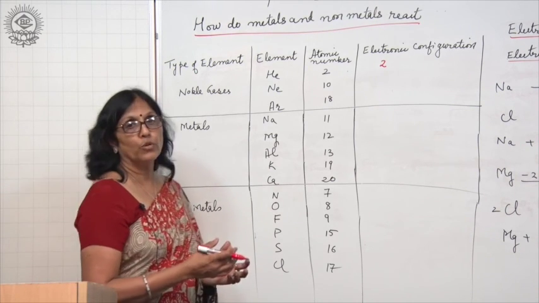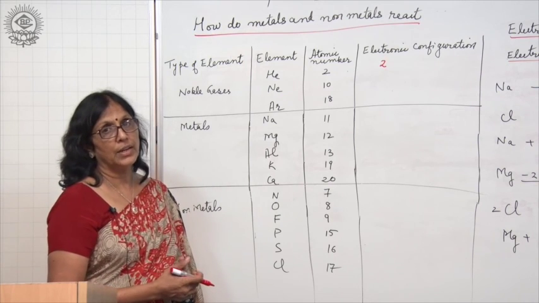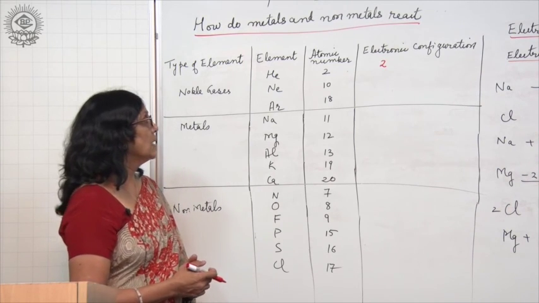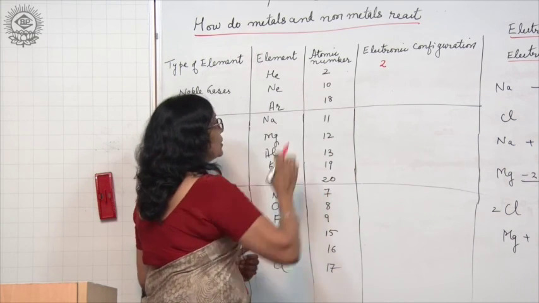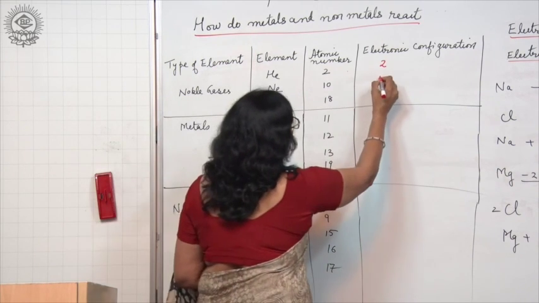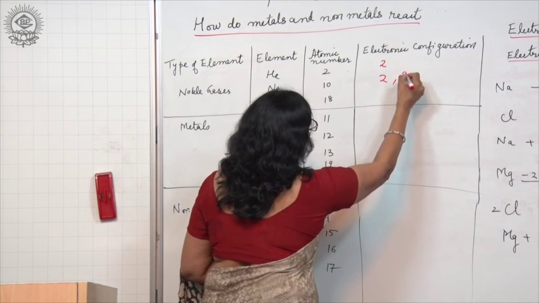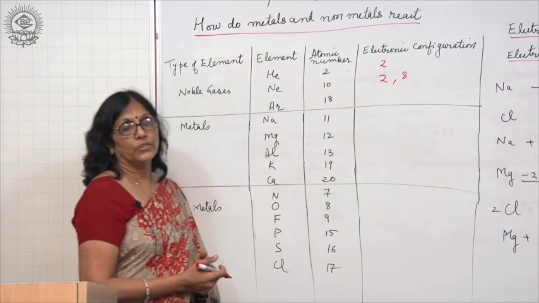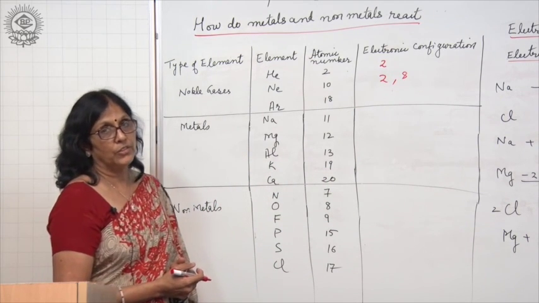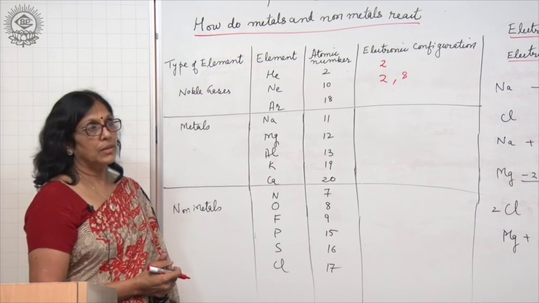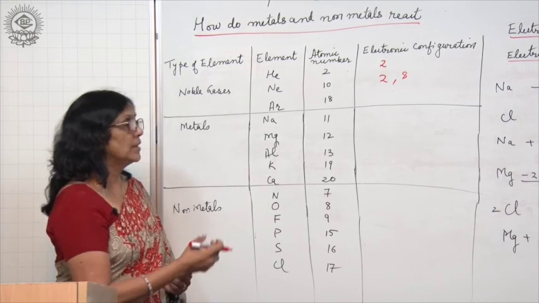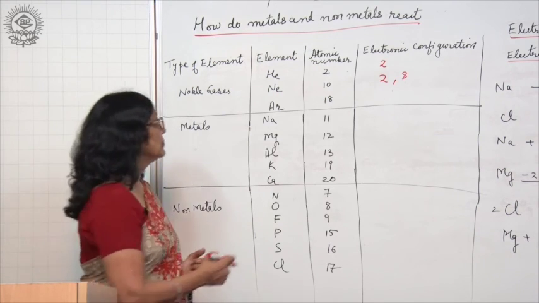So, from the atomic number we come to know about the number of electrons in an atom, and we can write the electronic configuration. So, neon has a total of 10 electrons and it has 2 shells, 2 8 is the electronic configuration, with 8 electrons in the outermost shell. This is a stable electronic configuration, that is why it is inert in nature.